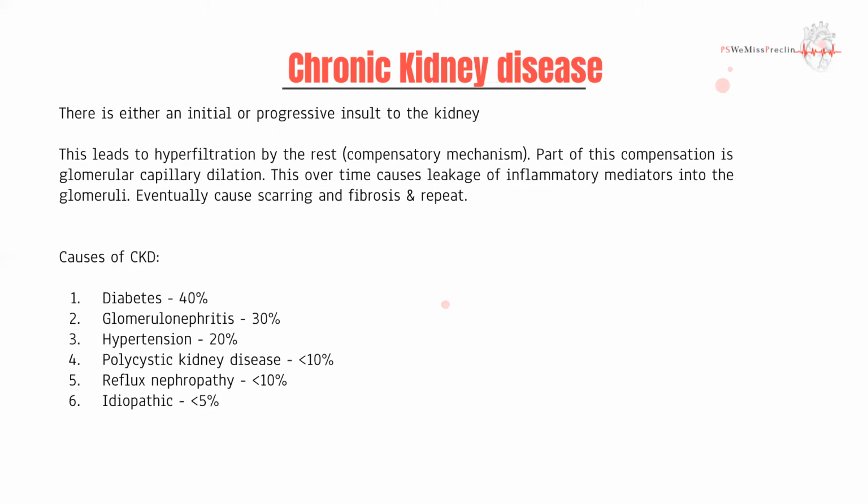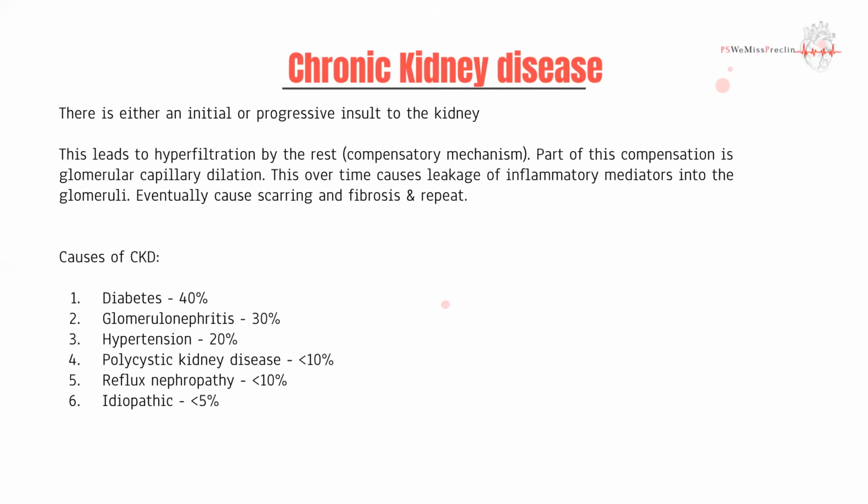Because you now have way more volume passing, you tend to have dilation in the tiny pores of your glomerular capillaries. Over time, these pores grow in size and lead to the leakage of many inflammatory mediators like macrophages, neutrophils, and so on into the glomeruli.